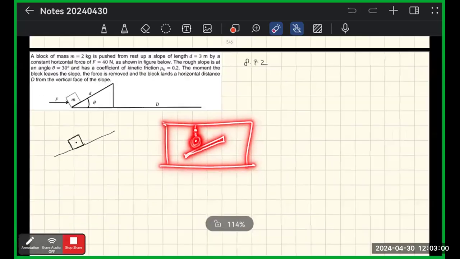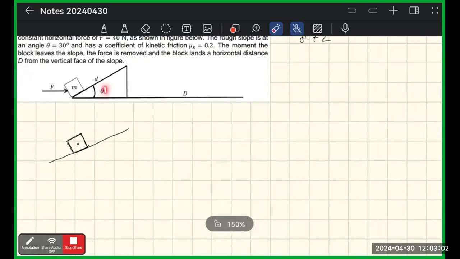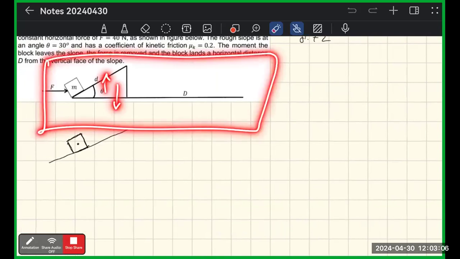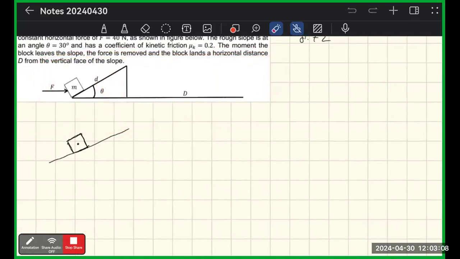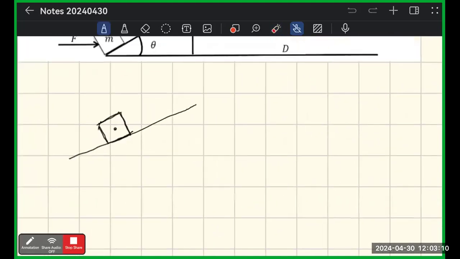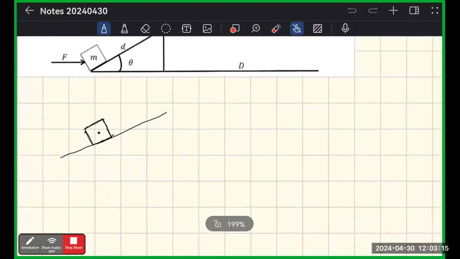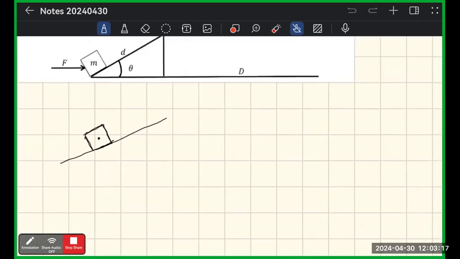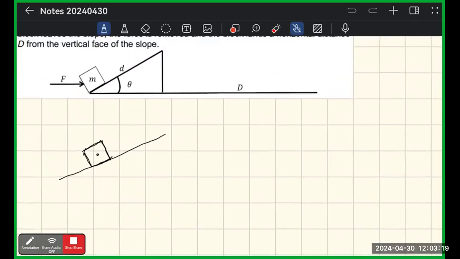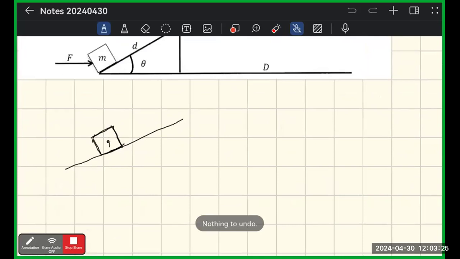But for this part, it's moving upward, so it's not a tabletop. So obviously you have a weight, and most of the time you'll have weight. But if the question is specifically telling you that it's on top of a table, or your point of view is from up view, then you don't need to draw a weight.